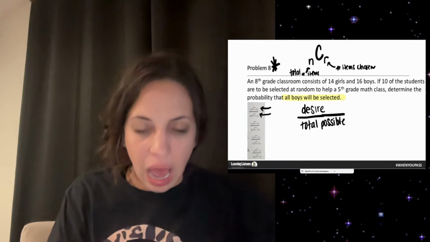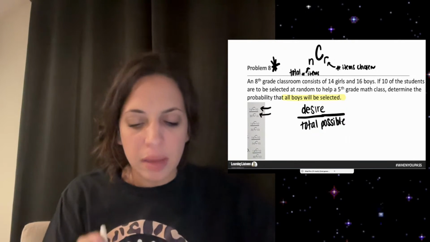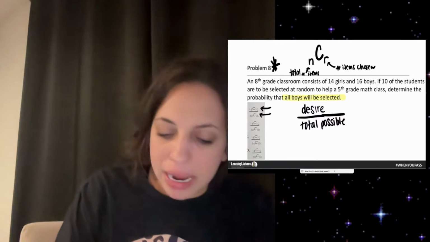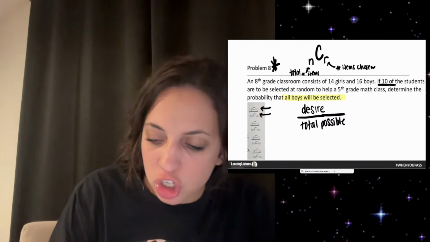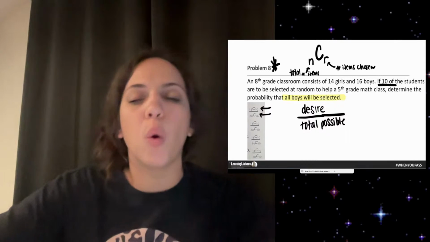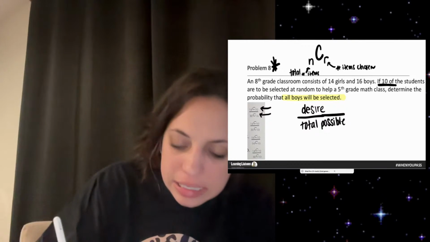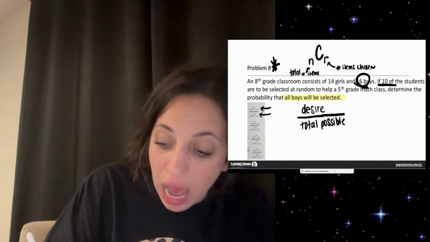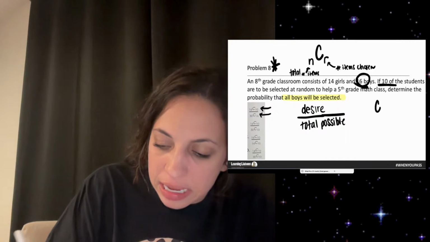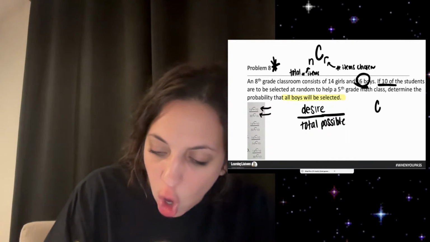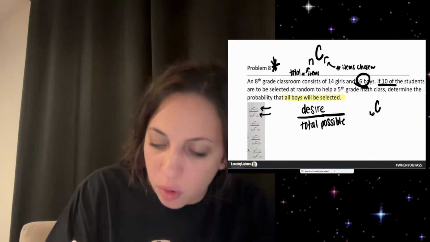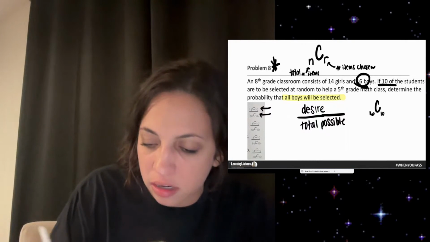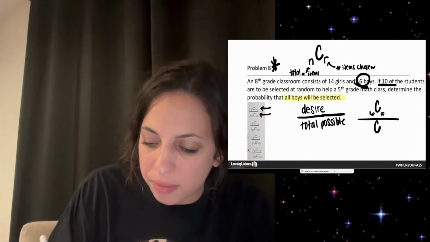So if the top is my desire, my desire is 10 students, and how many boys do we have? 16. So my top is going to be C. My total possible is 16 boys, but my desire, the number of items I'm choosing, is 10.